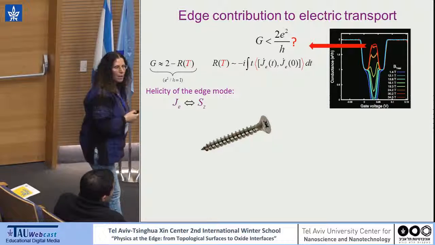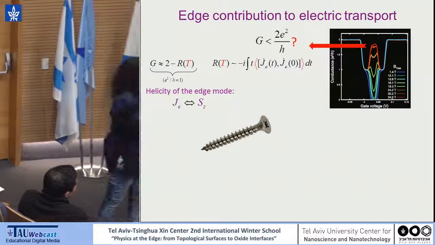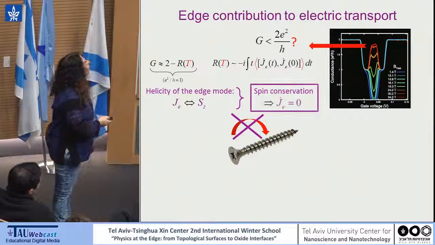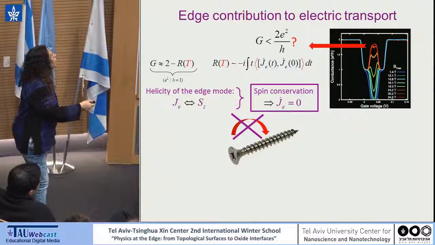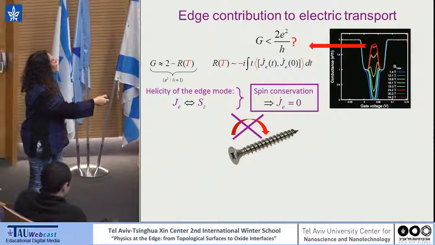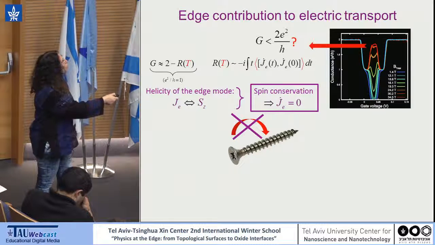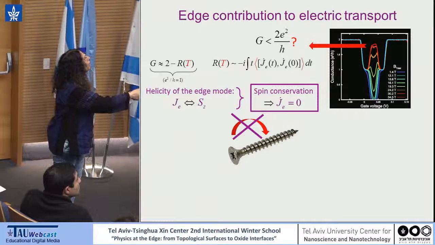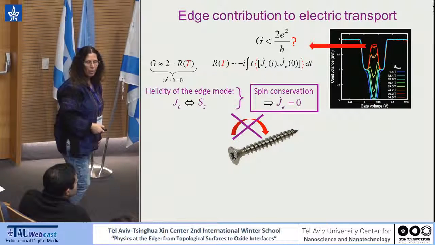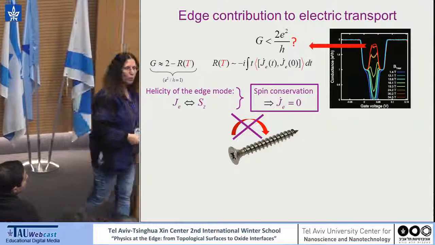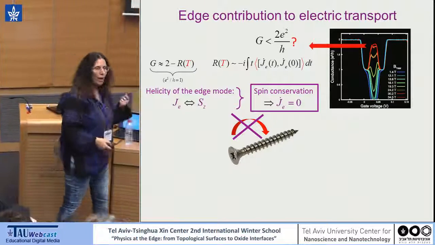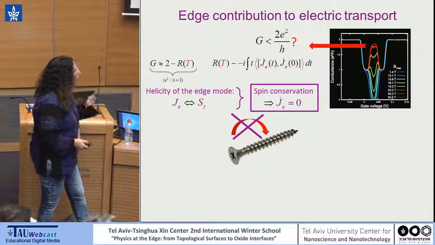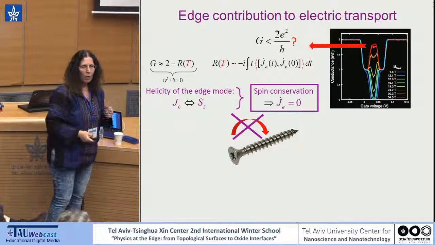So as long as SZ is conserved, this process of backscattering is forbidden, and since SZ is conserved, JE is conserved, the time derivative is 0, and the current cannot relax. So basically, this is one way of seeing it. There's nothing to relax the electric current unless we can somehow flip the spin.